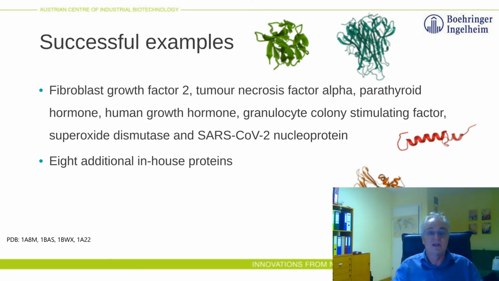So we do the SARS-CoV-2 nucleoprotein, and with our collaboration partner Boehringer Ingelheim, we also successfully overexpressed 8 additional in-house proteins, but these are drug candidates, and they don't want to disclose the nature of these proteins.